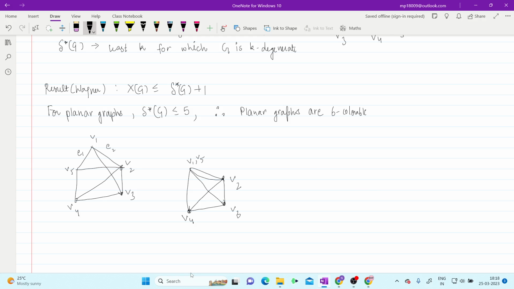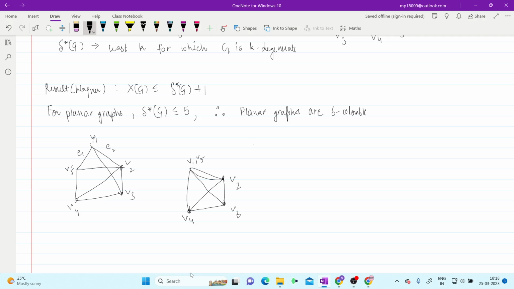So basically, when we are contracting an edge, the number of vertices and the number of edges decrease by 1. If we are contracting this edge v1 v5, then v1 and v5 will become one vertex, and all the edges that were going from either v1 or v5 will now go from v1 itself.